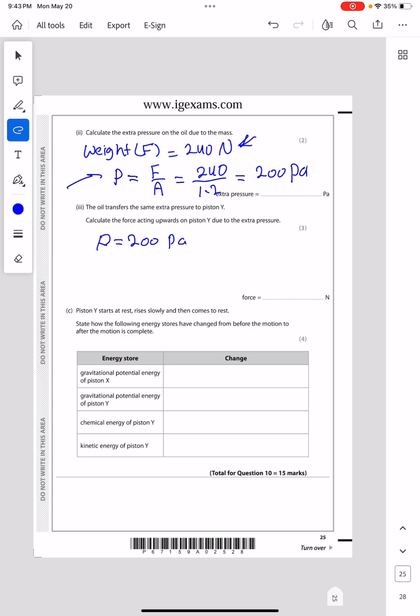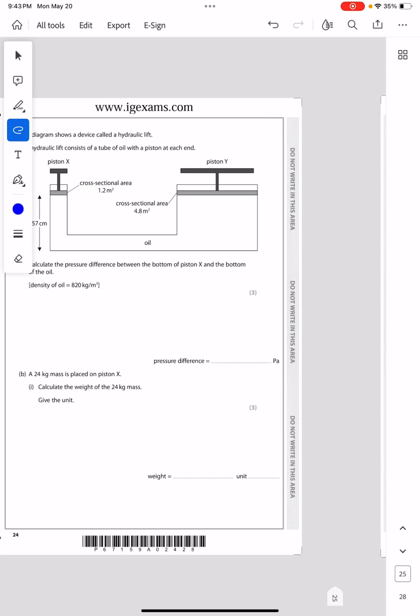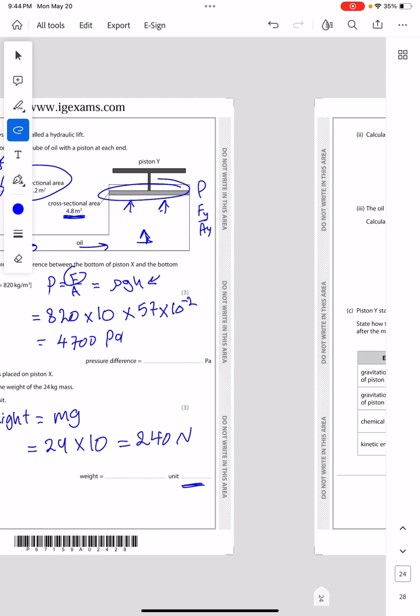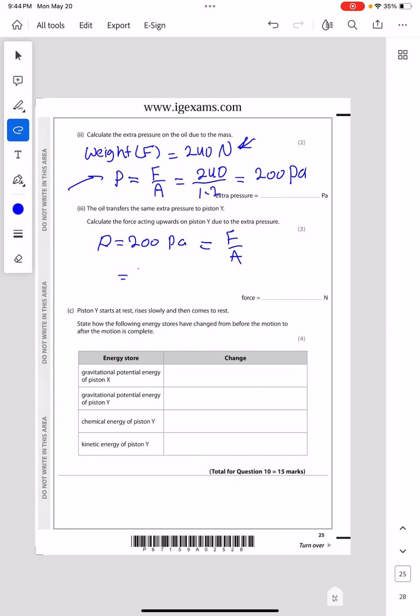And we know that pressure generally is F over A. In this case, A is equal to what? In piston Y, we want to find the force acting in piston Y. In piston Y, the area is 4.8 square meter. And so what is the force?